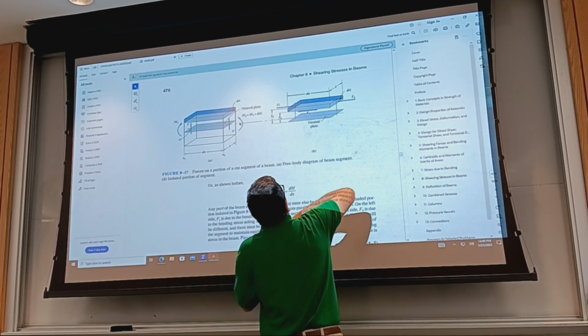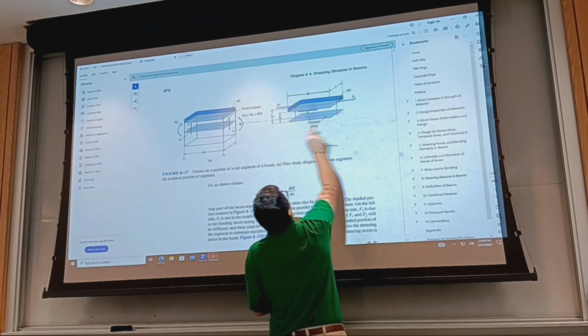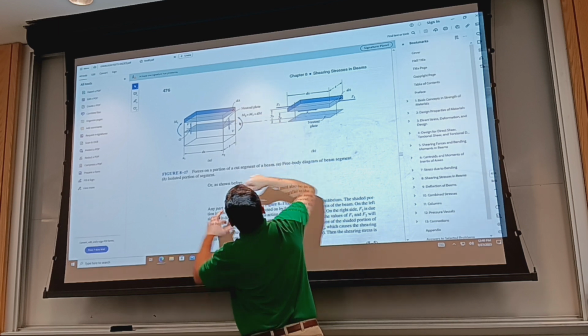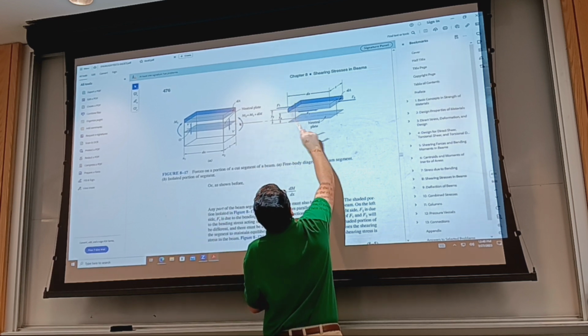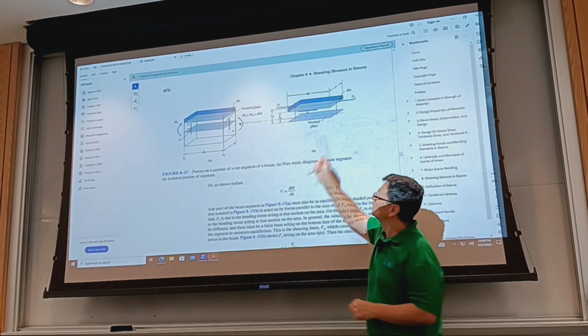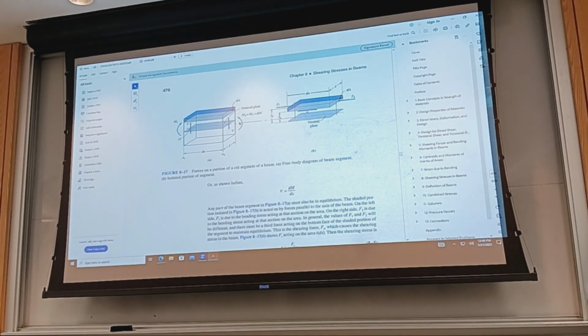So the shear force Fs is the unbalance between F1 and F2. These are the compressive, or positive bending, stresses that are more here than here. So the difference has to be taken by the longitudinal shear force.